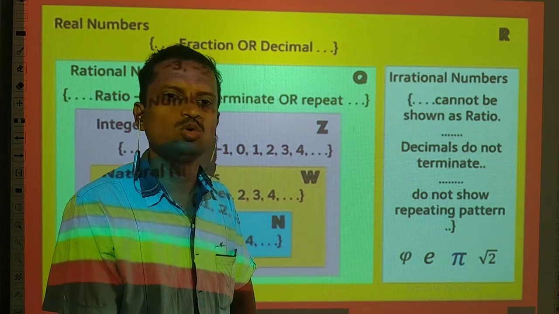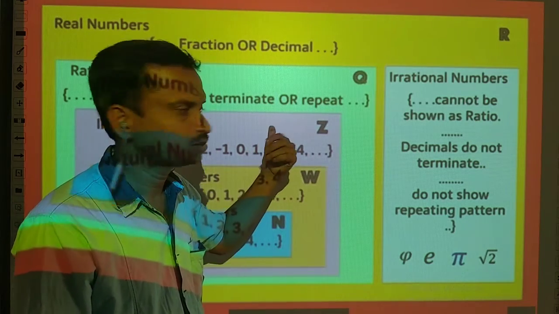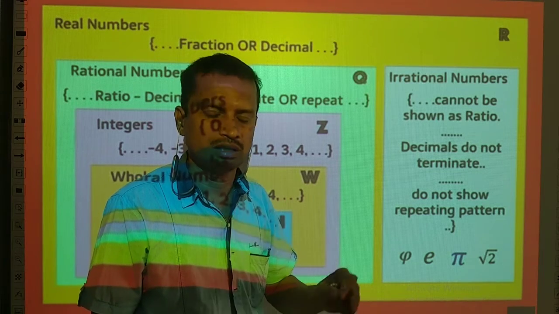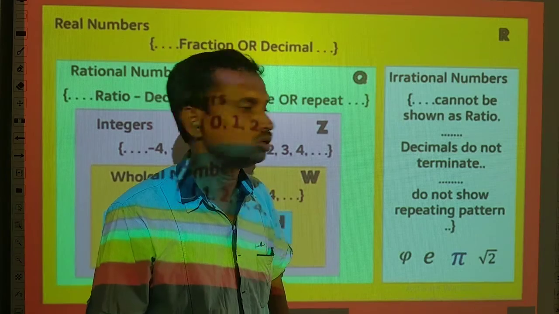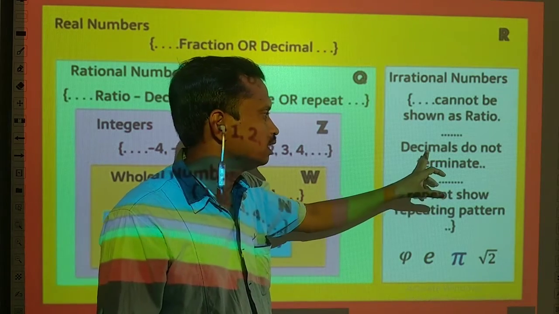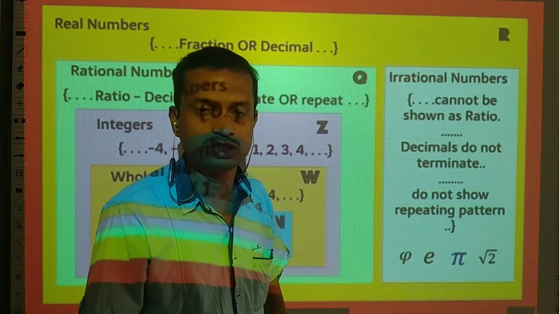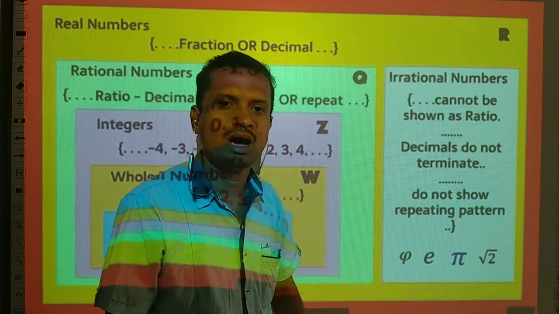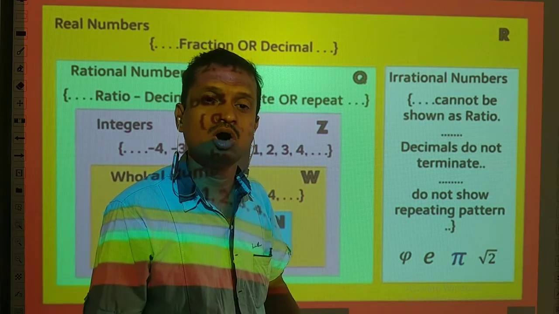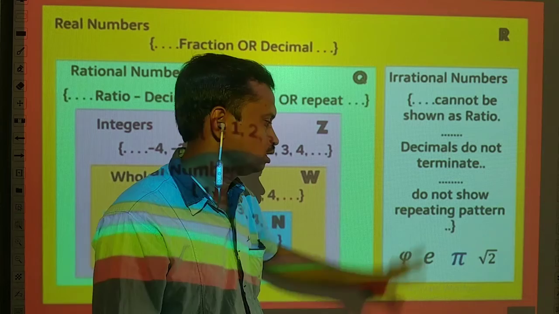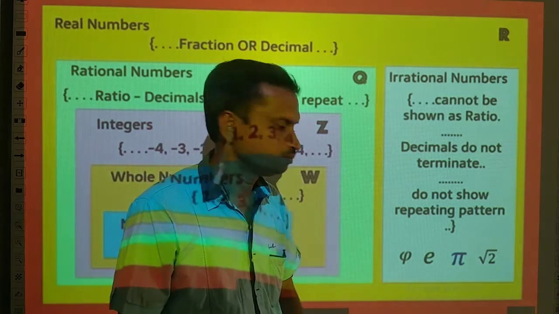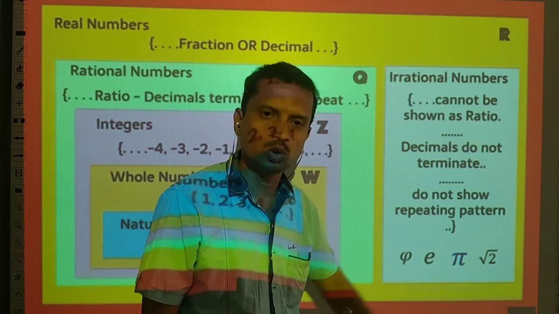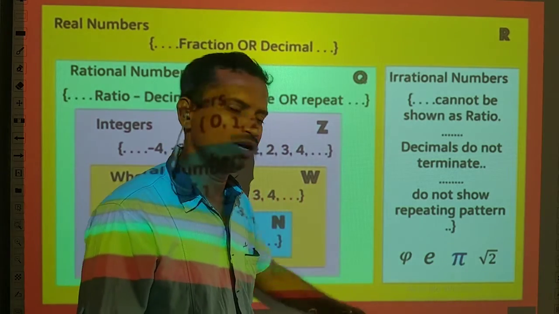But irrational numbers we cannot write as 2/3 or generally P/Q. In decimal, the decimals do not terminate and do not show a repeating pattern. That means non-terminating and non-repeating numbers are irrational. Examples are pi, root 2, e. These are used in higher classes. Pi, root 2 are good examples.